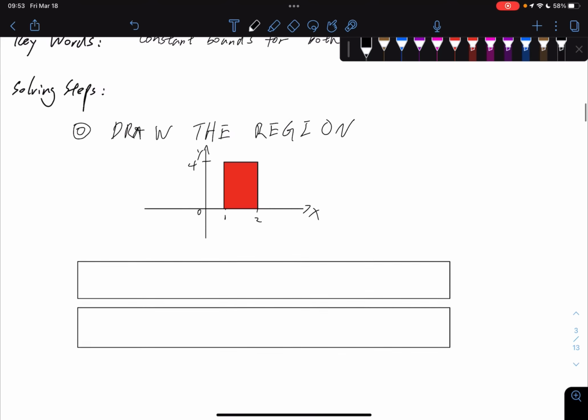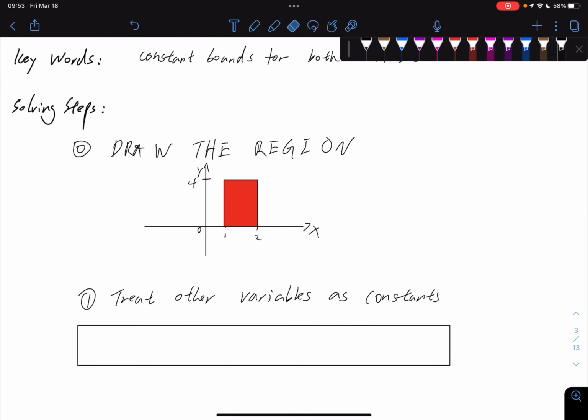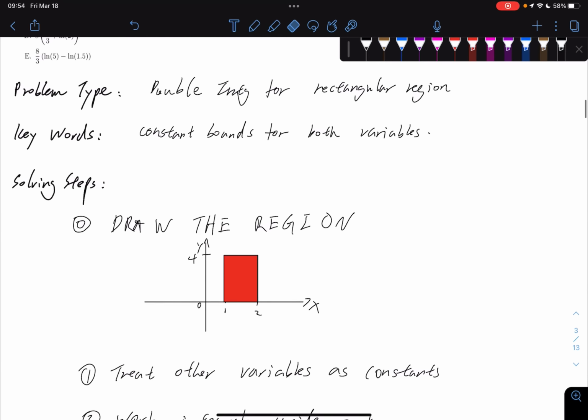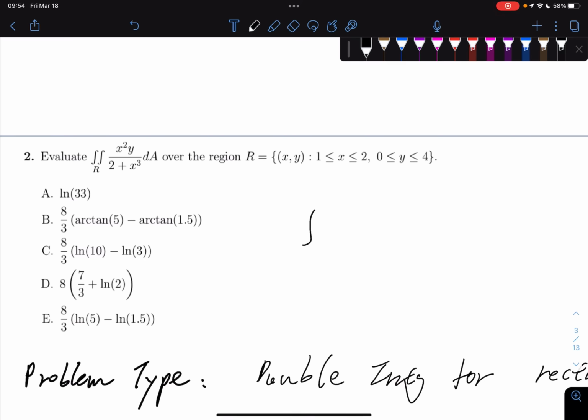Then the first step is pretty easy, so I'm not going to spend too much time on it. The first step is to treat other variables as constant and work your integrals inside out. So let's set up the problem: double integral of x squared y over 2 plus x cubed. What do you want to do?